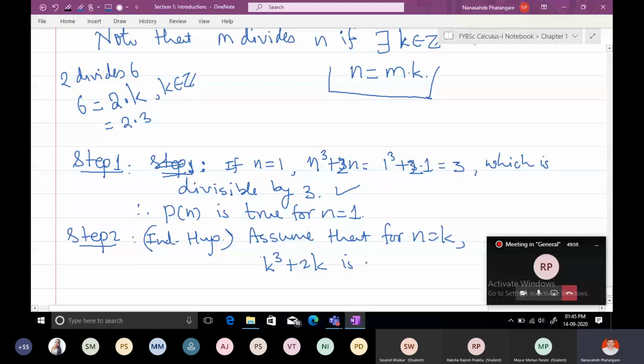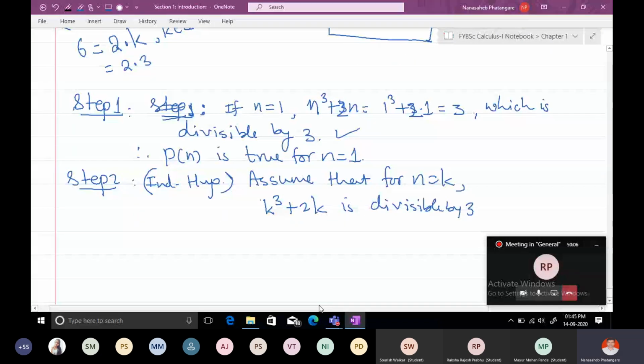That means, what is our assumption? For n equal to k, k cube plus 2k is 3 times t for some integer t.